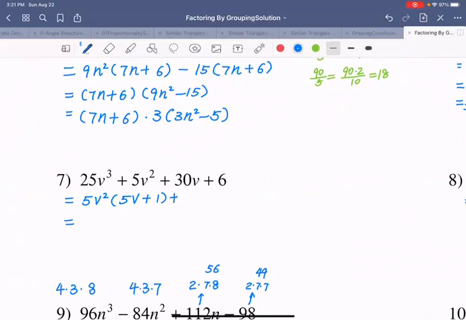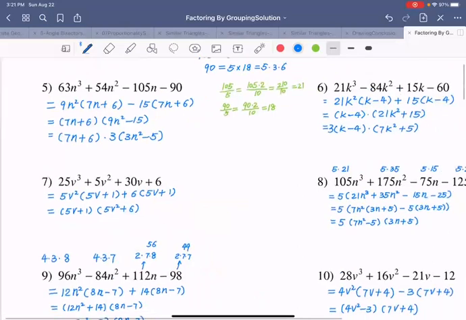Then take out the 5v plus 1, times 5v squared plus 6. There you go. Very good.